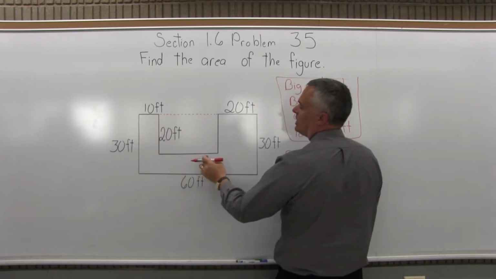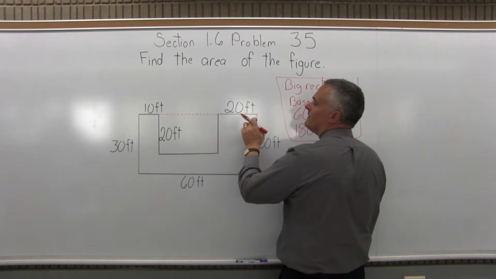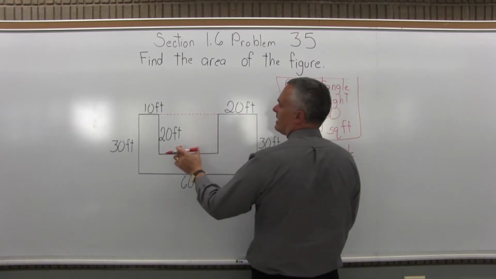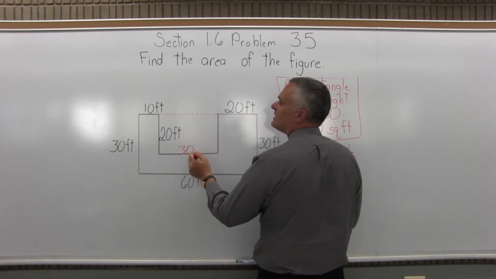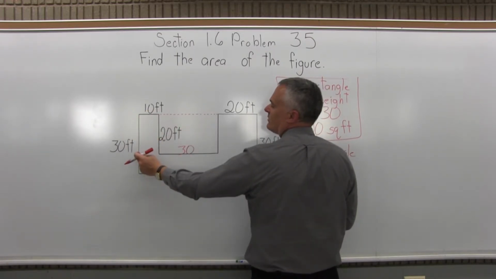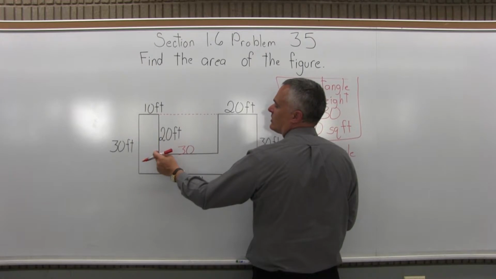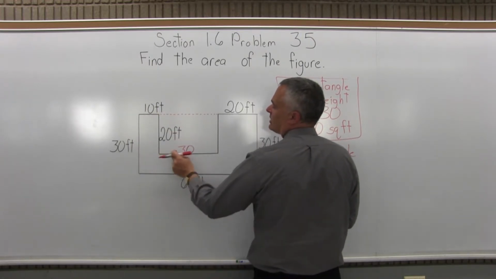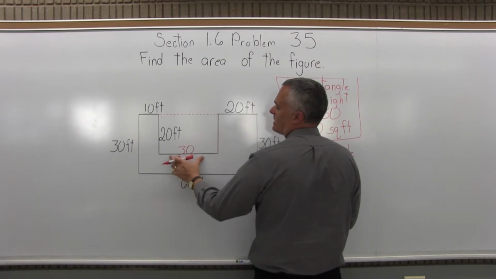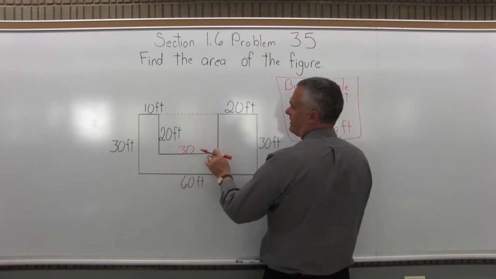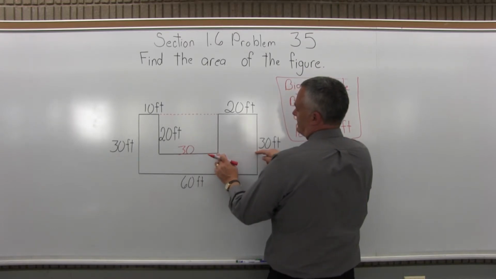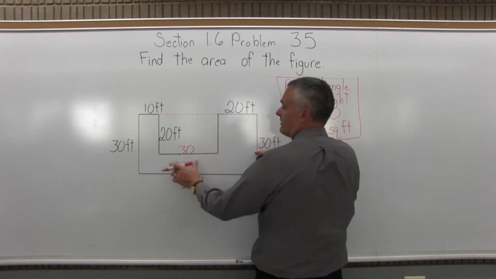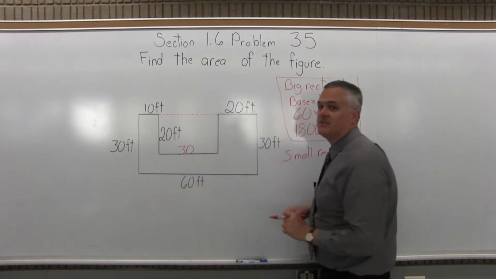Then you go across an unknown amount, and then another 20 feet gets you across the rest of the way. Well, if that unknown amount, if we make it 30 feet, it'll work. 10 feet to go from the far left edge to that inner wall is 10 feet, plus another 30 to go across the base of the small rectangle, and then another 20 to go from the right edge of the little rectangle to the edge of the big rectangle. That would be 60. So the missing base is 30.